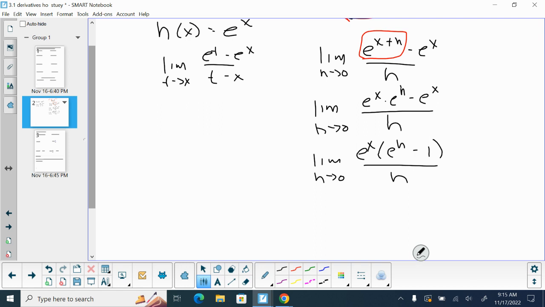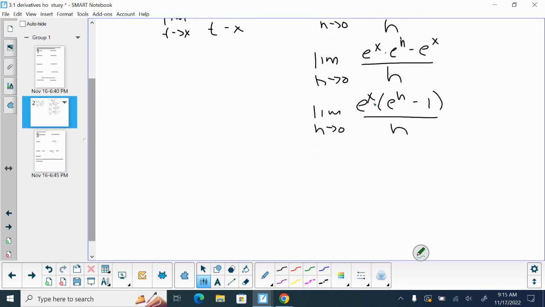Now what we need to do here is take the limit as h is approaching 0. So doing a little bit more mathematical black magic here, and pulling out my magic wand, Abracadabra, poof.